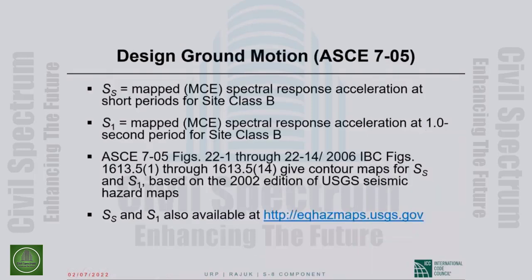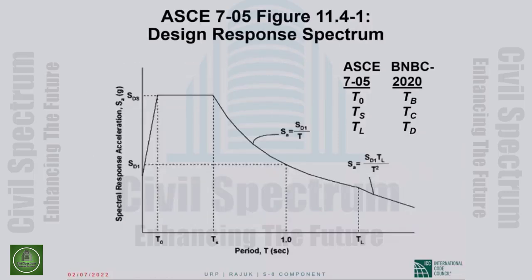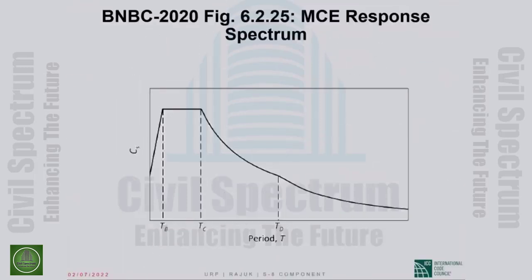Now, the ASCE 7 spectrum, as you saw, is defined in terms of S sub DS and S sub D1.